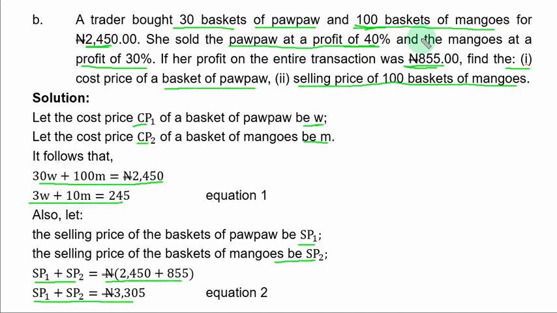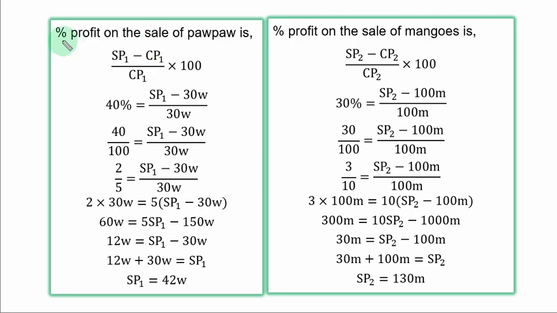So let's put this into the solution. We have the percentage profit on the sale of pawpaw as SP1 minus CP1 over CP1 times 100. For the sale of pawpaw, the profit percent is 40.